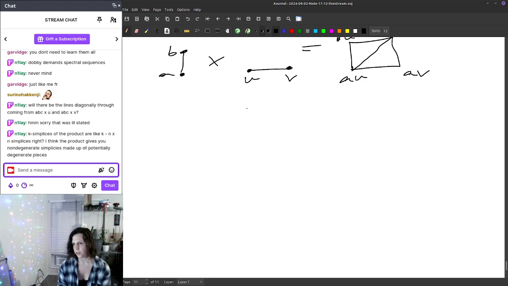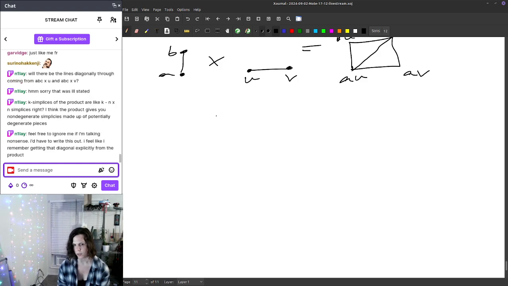Well, okay, so then the question... actually I'm not sure off the top of my head whether that identification will give you the categorical product of 2 simplicial sets.